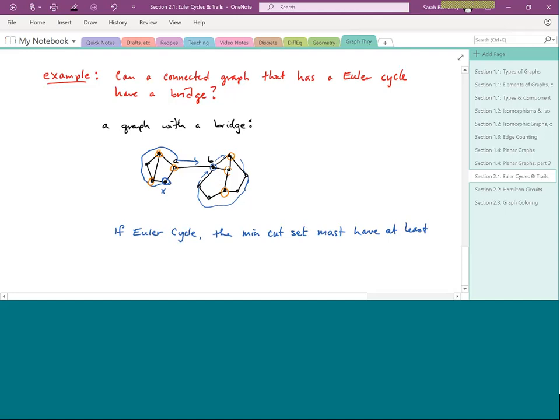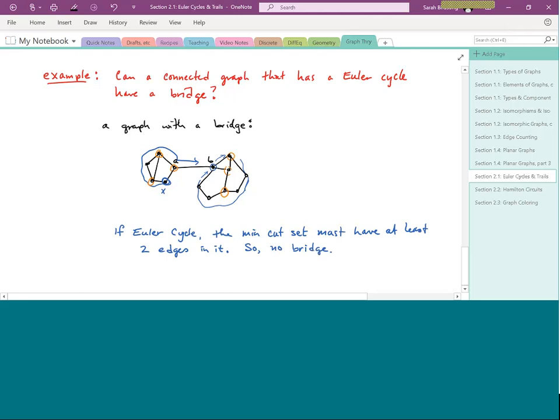Why at least 2 edges? Because that allows you to go there and then come back between the 2 big parts of the graph. And if your minimum cut set has at least 2 edges, that means by the definition of a bridge, there is no bridge in the graph.